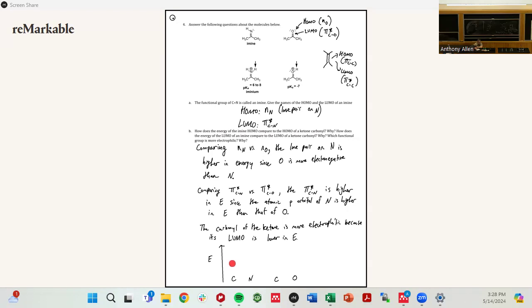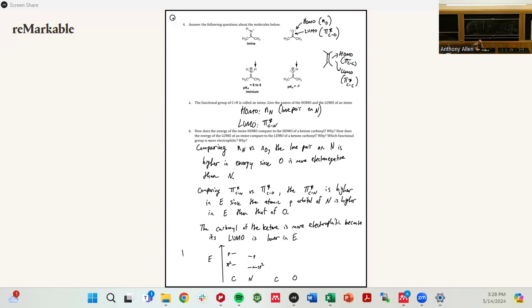Make a double bond, right? We're going to have the sp2 and the p, sp2. Nitrogen is more electronegative, so the orbitals are going to be lower in energy. Then the second one is going to represent the lone pair.